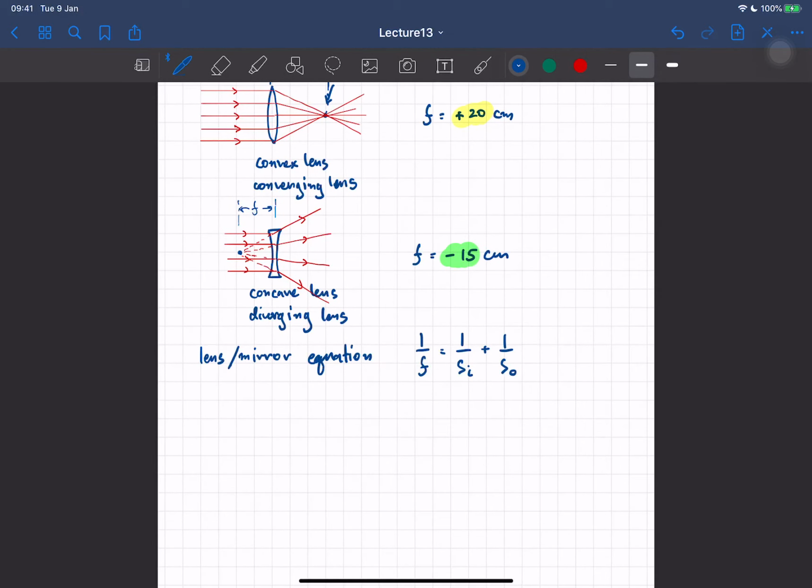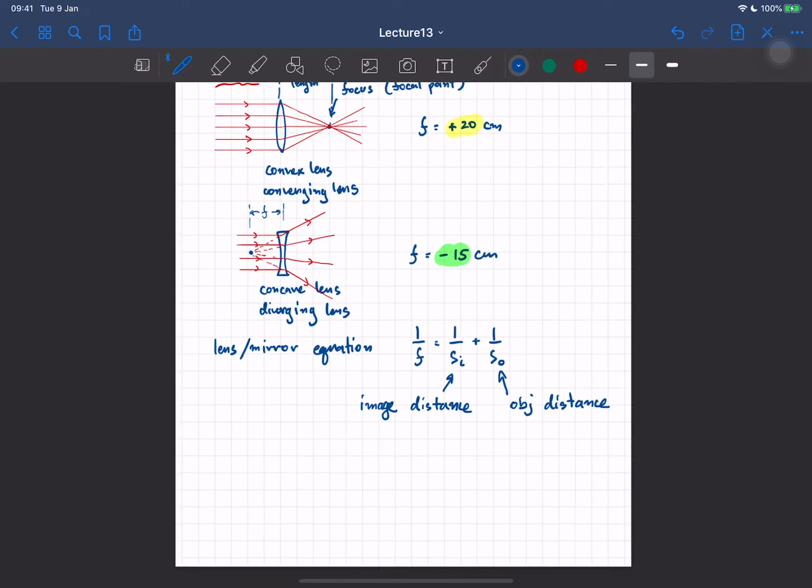SI is the image distance. So it's defined to be the distance of the image to the lens. And SO is the object distance. So it's the distance from the object to the lens.